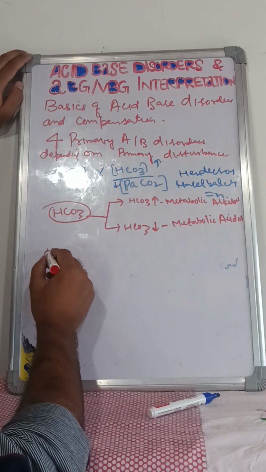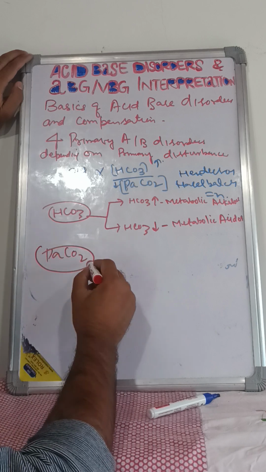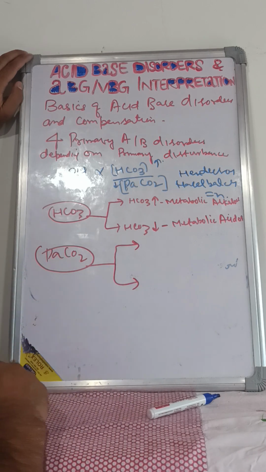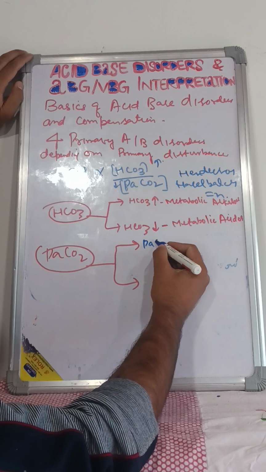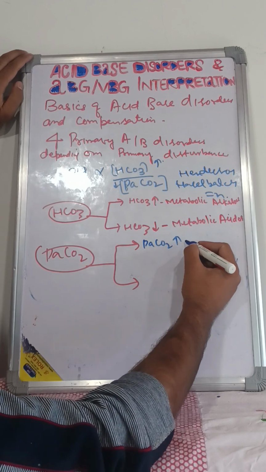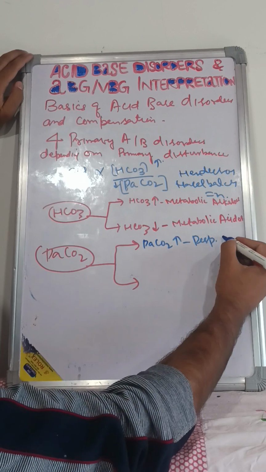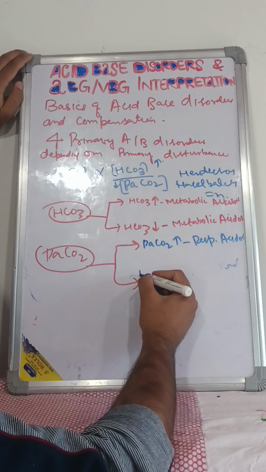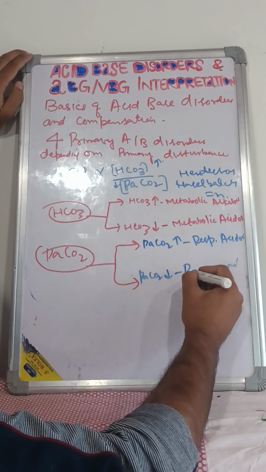Similarly, we have PaCO2, which also has two disturbances. When PaCO2 increases, it is respiratory acidosis, and when PaCO2 decreases, it is respiratory alkalosis.